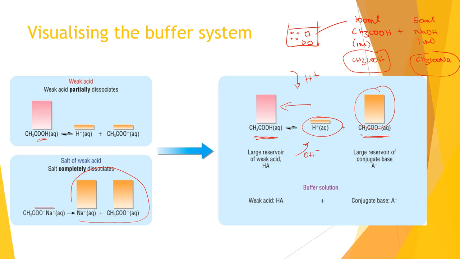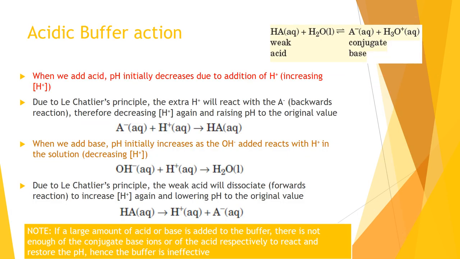Both of these situations mean that we won't see a change in pH because the equilibrium shift won't affect the H+ concentration. So as long as we have base to react or acid to react, the H+ concentration isn't going to change much as the equilibrium position changes. Therefore, we won't see much of a change in pH. Let's see what this looks like mathematically.